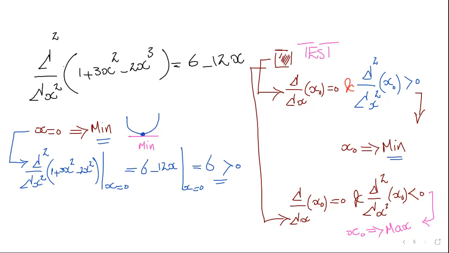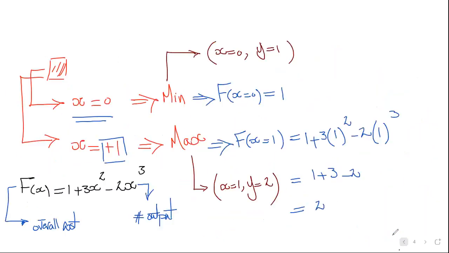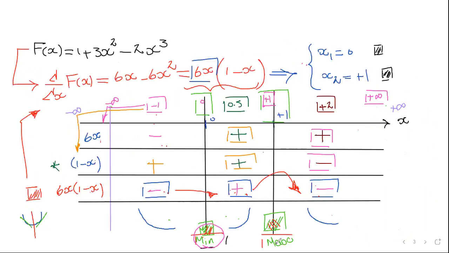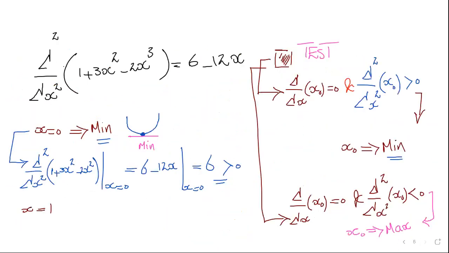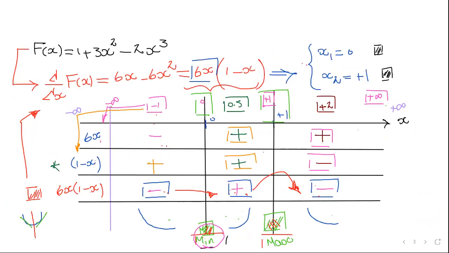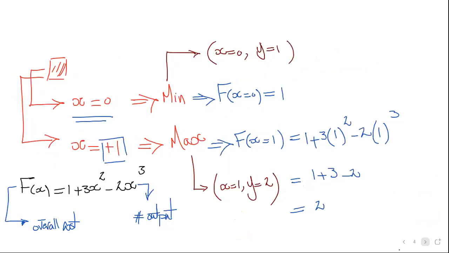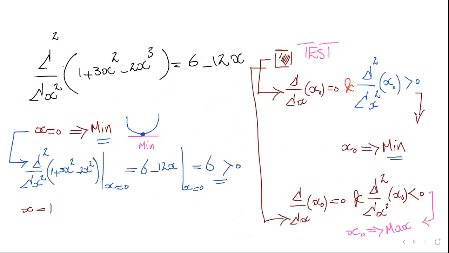Now we go back also to the point x equal to 1. We found a couple of minutes ago through our sign table that x equal to 1 is a maximum point. Let's see with the second derivative test.